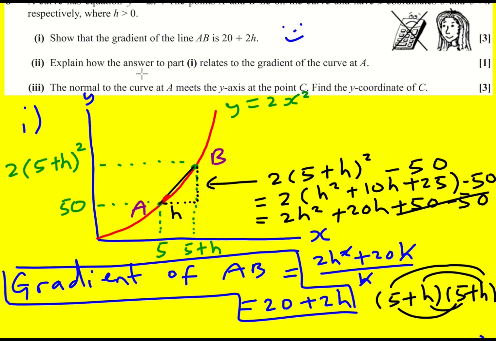And what I can do is essentially let h become really small.